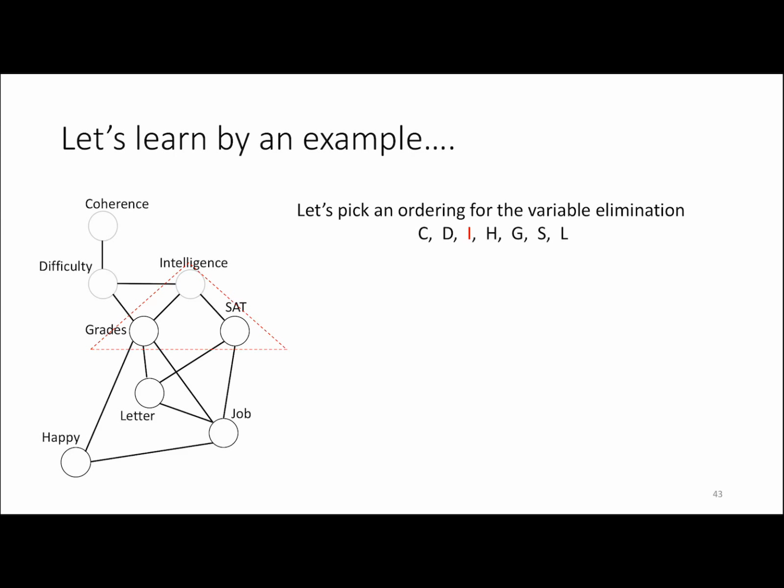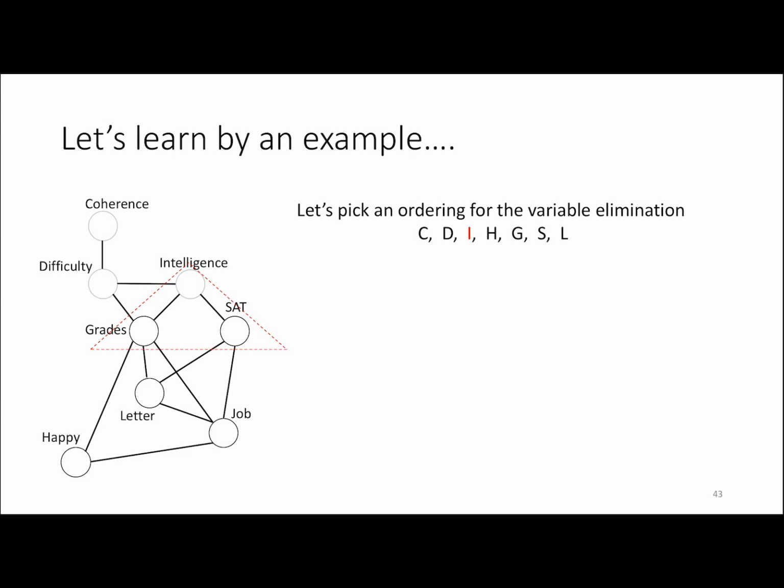Next, I'm going to remove the intelligence. If I remove the intelligence, the three terms that involve intelligence are intelligence, grade, and SAT. But if I remove the intelligence, should I add any node to this?